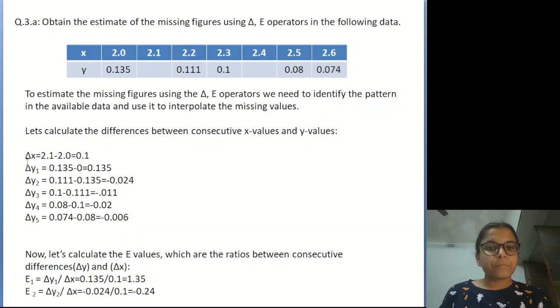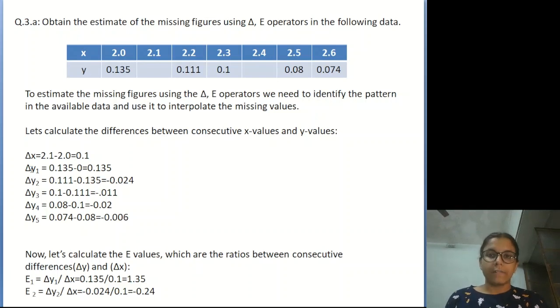And so we could say that the delta x for every other x would be the same. So for now we have the y values. We have to find the delta of differences of y values.